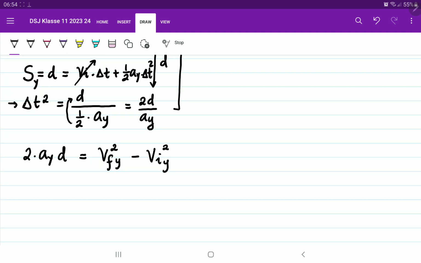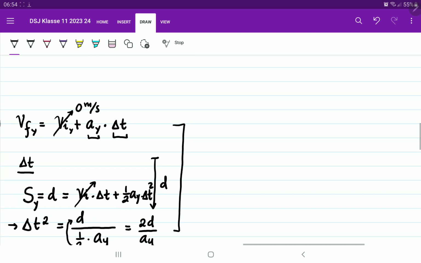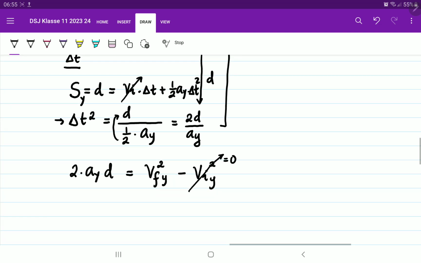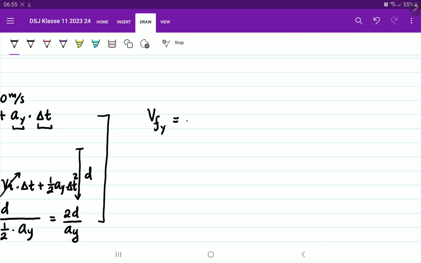Now, we just need to calculate the final speed then. So the final speed, v final in y direction, is the square root of 2 times a_y times d.